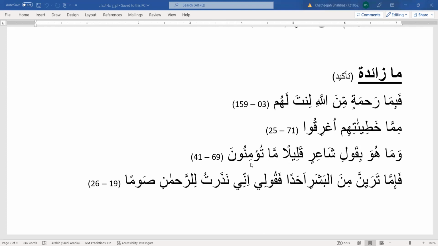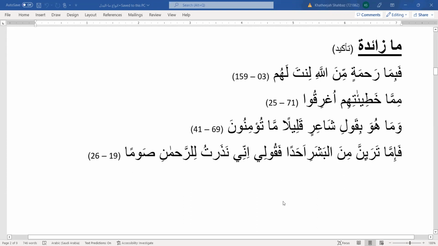How little you all believe. So this ma zaida is used to magnify the nakira feature of a nakira ism. And it is not at all the saying of a poet, how little you believe. So this is the ma playing another role here.